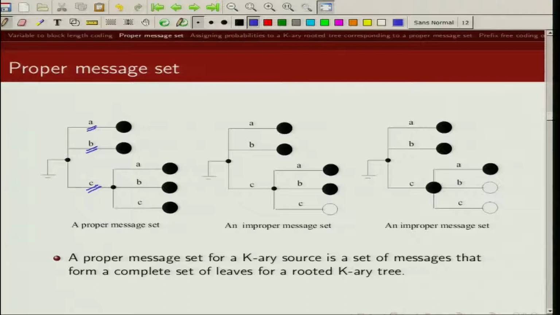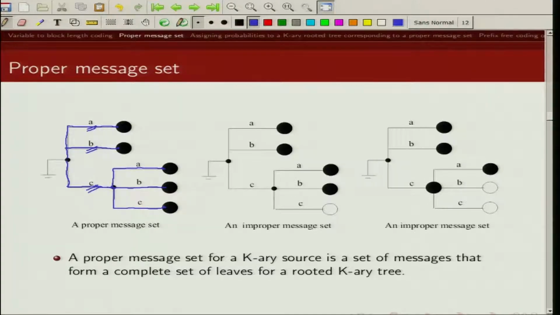If you get an A, that's one parsing of the message. If you get a B, that's the message boundary. If you get a C, then you look at the next symbol: CA, CB, or CC.